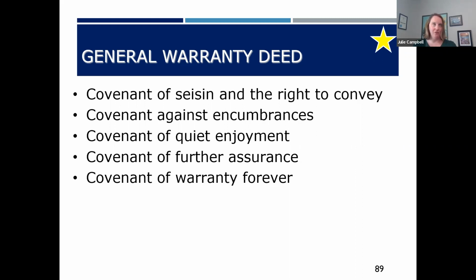I'm promising you from the time I owned it, the previous owner, the owner before that, and the owner before that. The general warranty deed is not just a promise during my ownership. The general warranty deed is promises for the entire history of the property. That's a heck of a promise, isn't it?